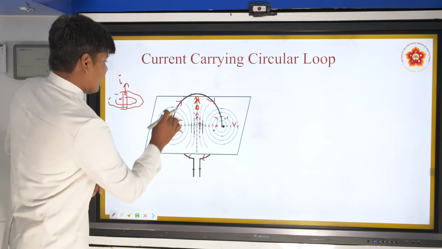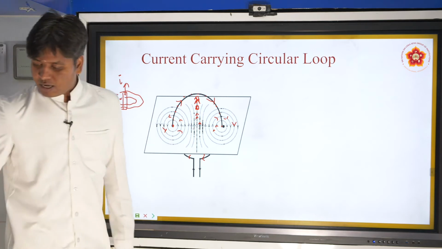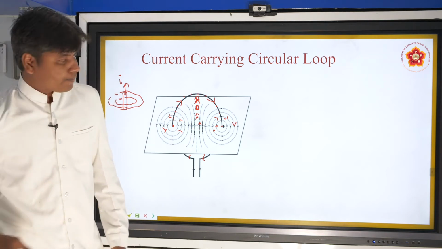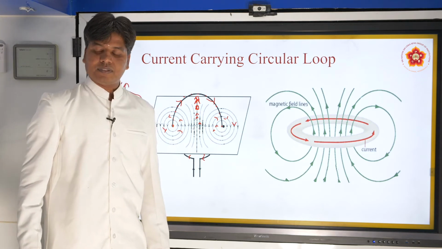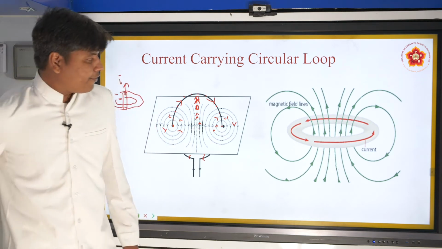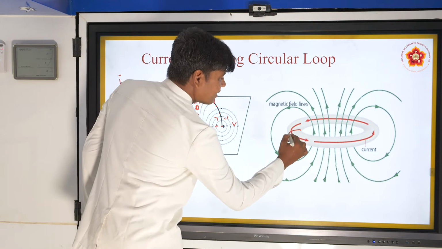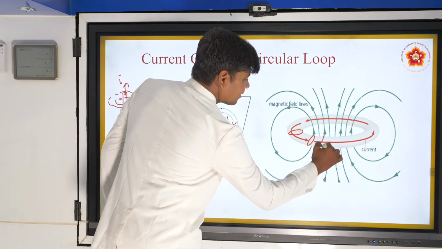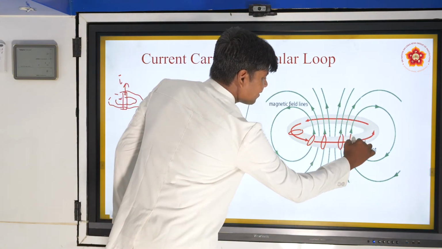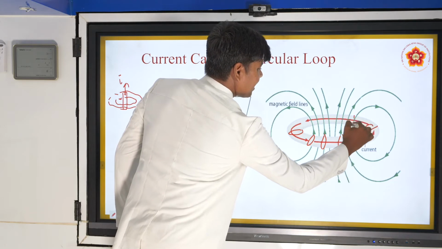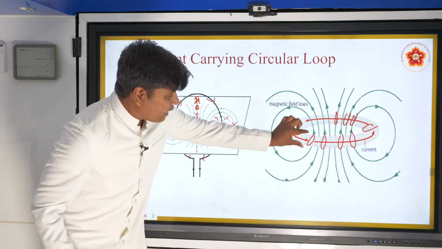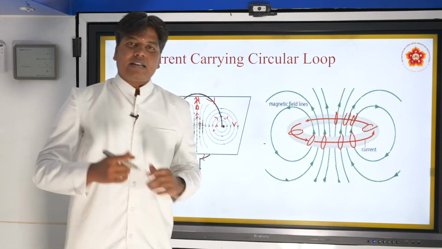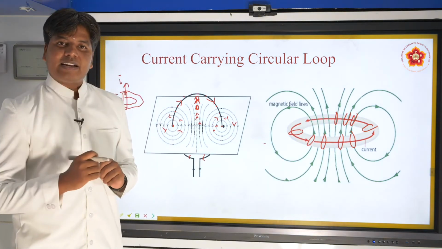If you see every element on this coil, every element will have a concentric magnetic field, because every small point we can assume as a straight current carrying conductor.